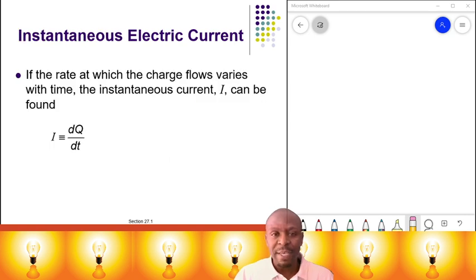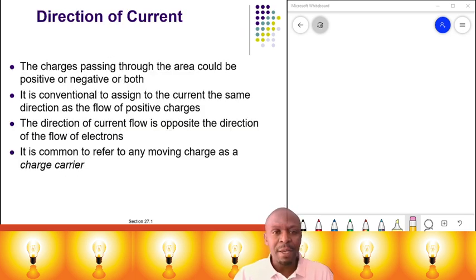Right, now if the rate at which the charge flows varies with time, the instantaneous current I can be found by using this equation. What does this mean? It means that the charge will just be a function of time. Therefore, whenever you want to get the current, you do the first order differentiation of that Q as a function of t, then that will be your instantaneous current.